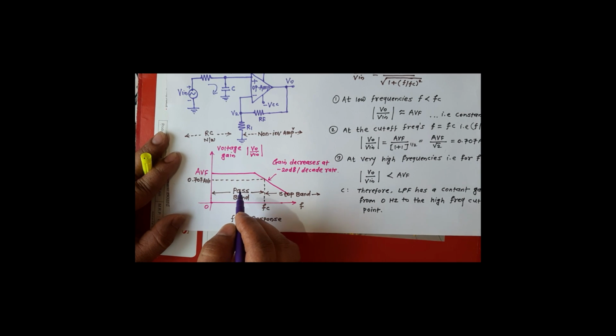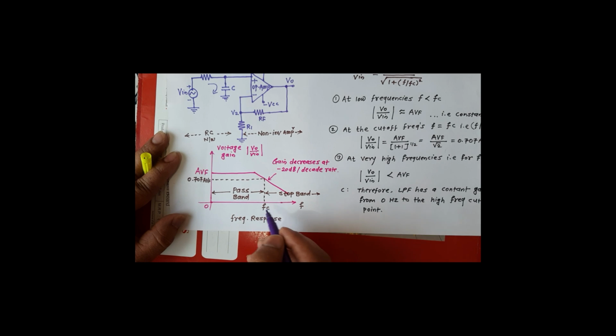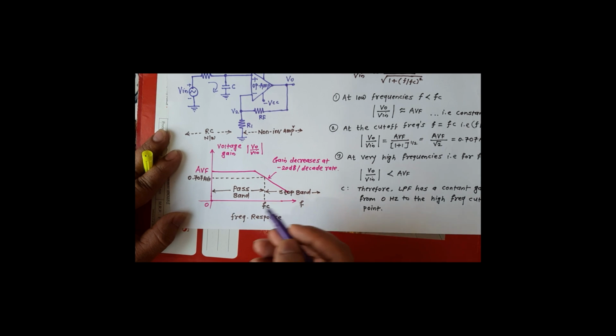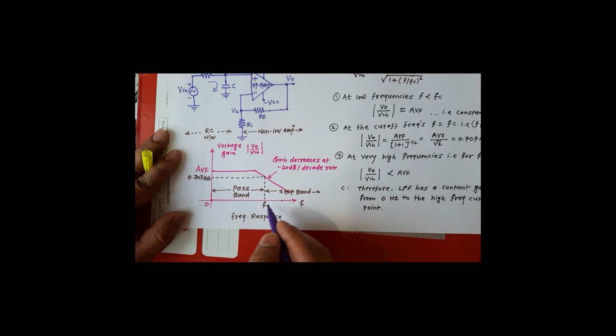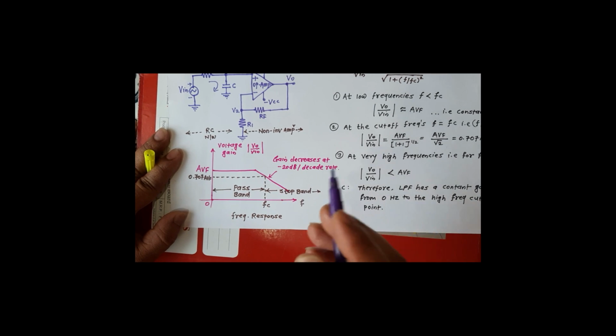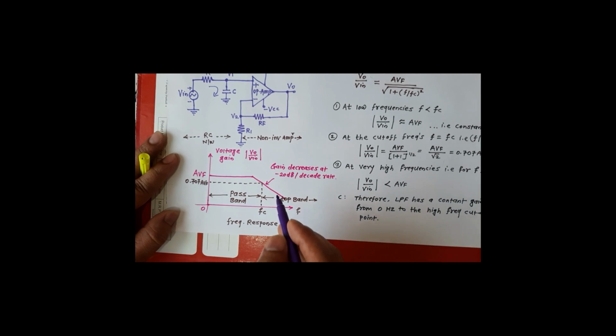The frequencies in the pass band, which are less than the cutoff frequency, will pass. The frequencies above Fc are blocked or attenuated by this low pass filter. So this is the frequency response.